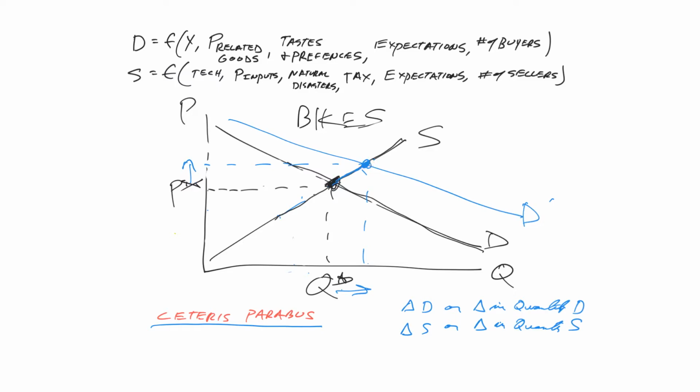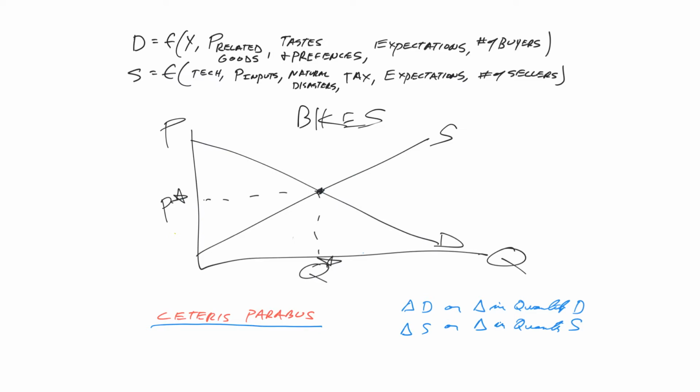That would be a change in supply, but more specifically, excuse me. Oh, I was testing you, yes. That's a change in quantity supplied, a movement along the curve, or more precisely, an increase in quantity supplied.